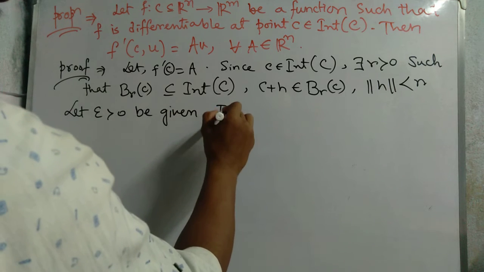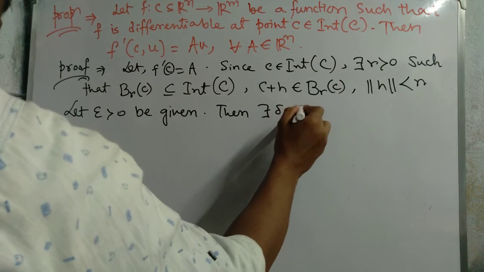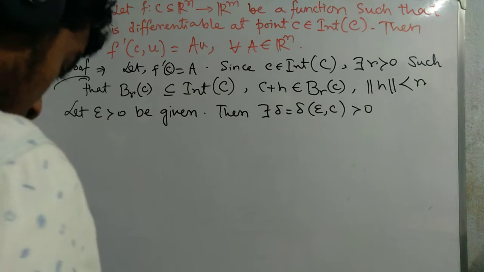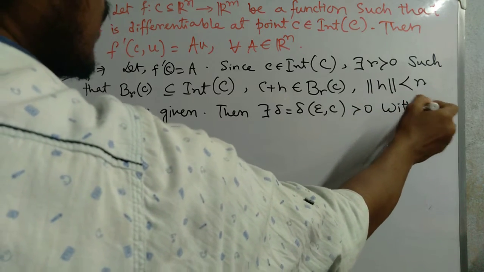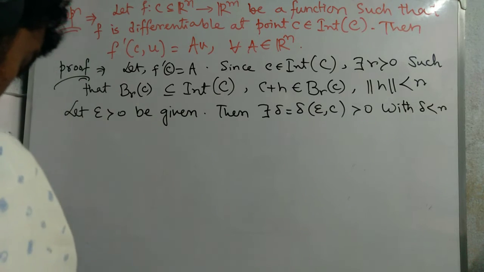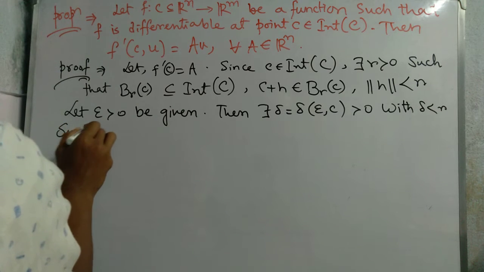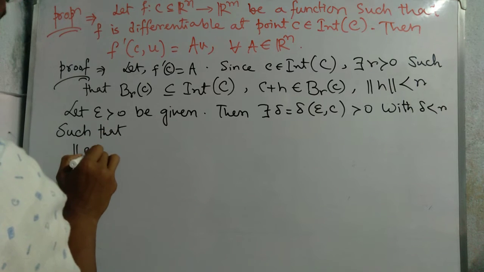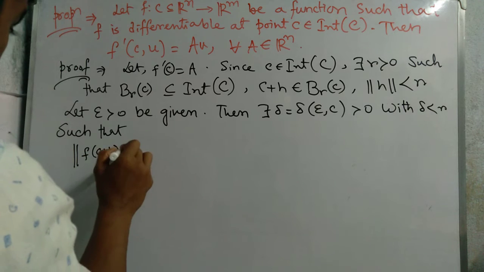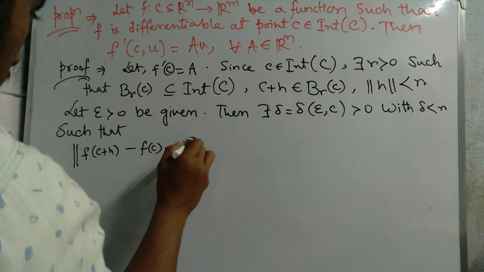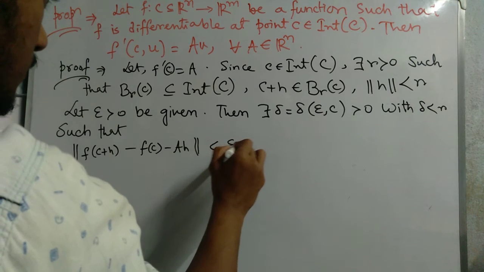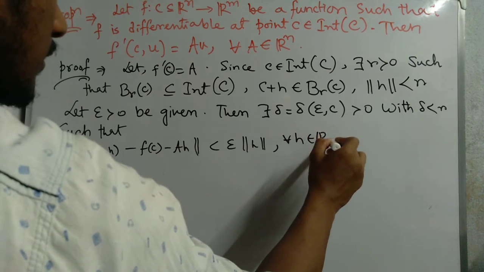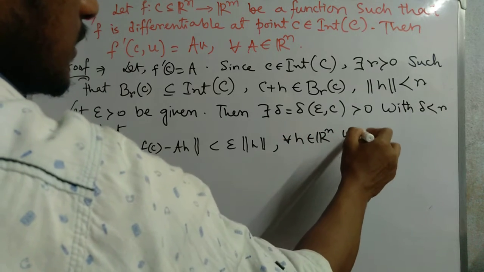Then there exists delta, delta equal to delta(epsilon, c) greater than 0 with delta less than r, such that norm of f(c plus h) minus f(c) minus Ah is less than epsilon norm of h for h belongs to Rn with norm h less than delta.